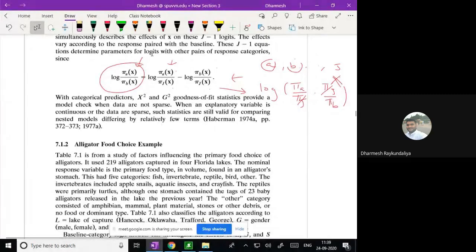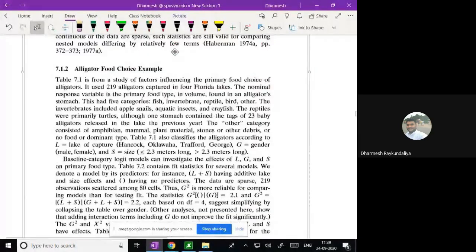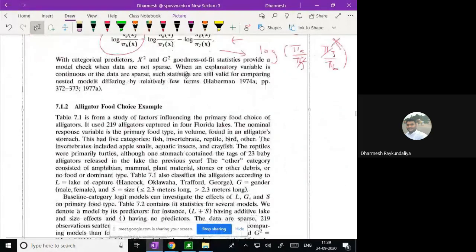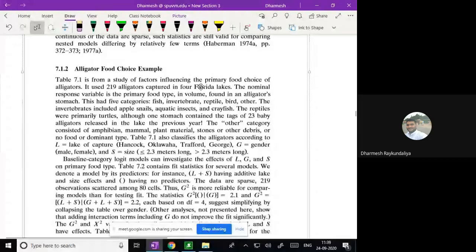So let us understand one example. In the following table, that is Table 7 point, it contains the data. This is the data of a study of factors influencing the primary food choice of alligators. Alligator means a kind of crocodile.